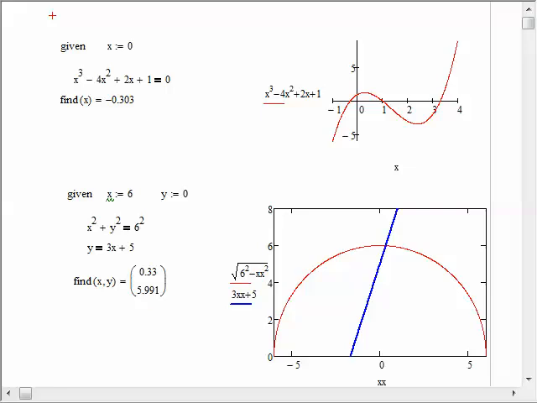In between the given and the find, we need to have as many equations as we want to solve, so that we have an n equation, n unknown set. Since I only have one equation between given and find, and notice this thing has a bold equal sign next to it, which is typed by holding down Control and hitting the equals key, so I call it a control equals sign. And so make sure your equations inside of here that you want to solve will have a control equal sign in it.